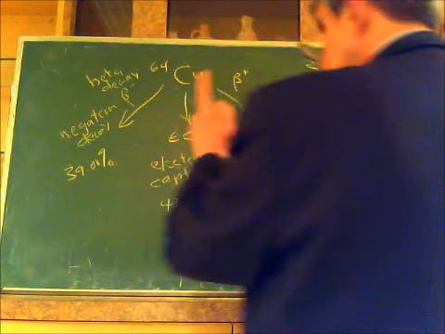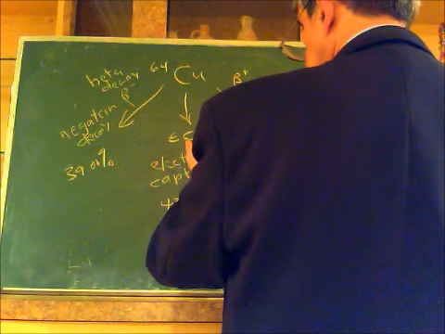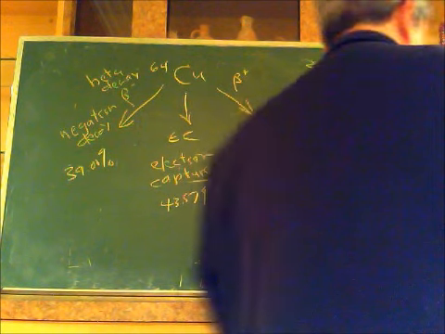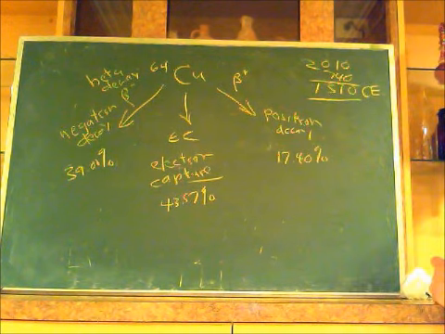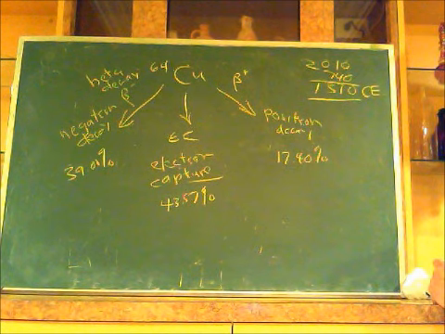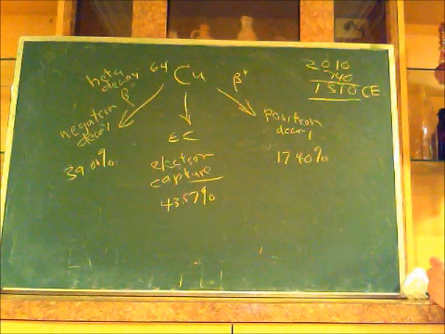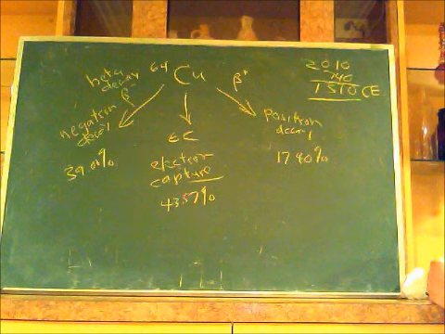Since the detector can only detect beta particles, it means we're missing electron capture and positron decay. And also we find out that the detector only has a 7.2% efficiency. So we want to calculate the half-life of copper-64.